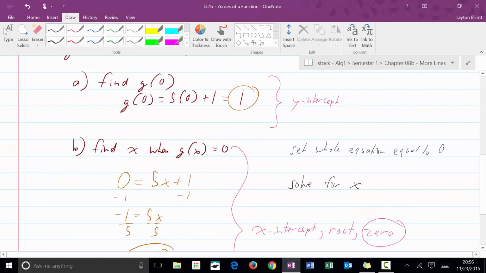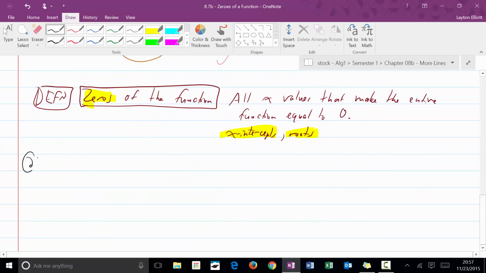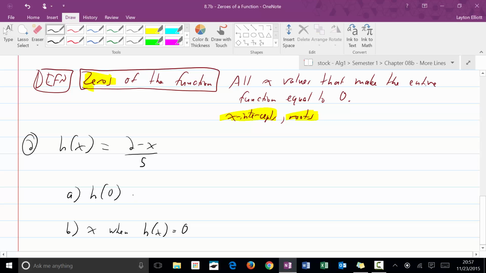So if up here was example number 1, let's go down and call this example number 2. h of x is equal to 2 minus x over 5. Same directions. Find h of 0, and for b, find x when h of x is equal to 0. The first part means to substitute 0 in for x.